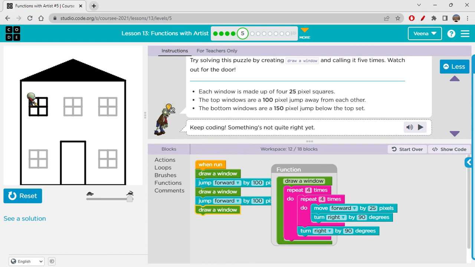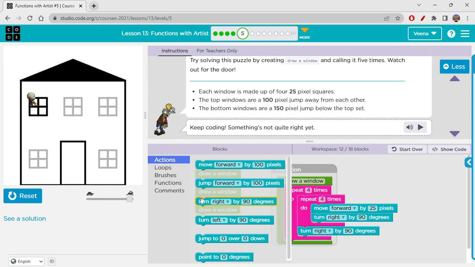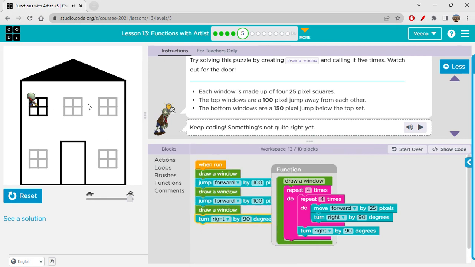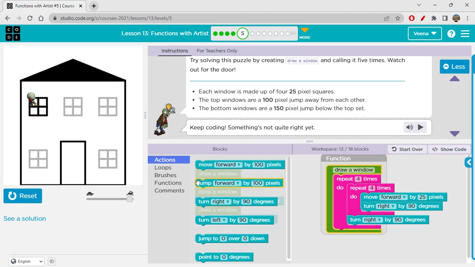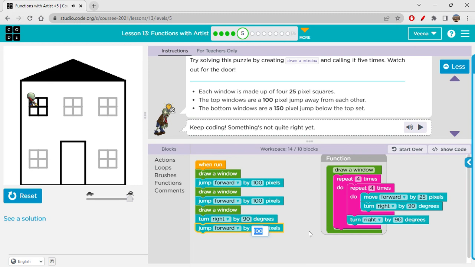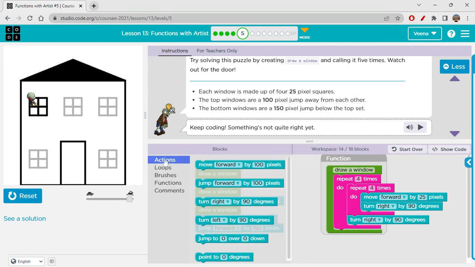From here, he has to turn right by 90 because he's facing the right side, and we want him to face towards us. Then he has to jump from here till here. These jumps are 150 pixels apart, so jump forward by 150 pixels. Then again, we can draw a window.